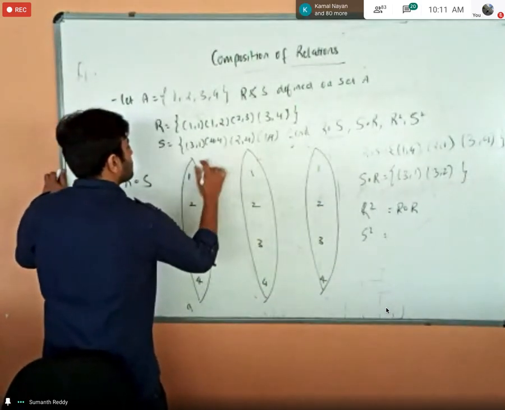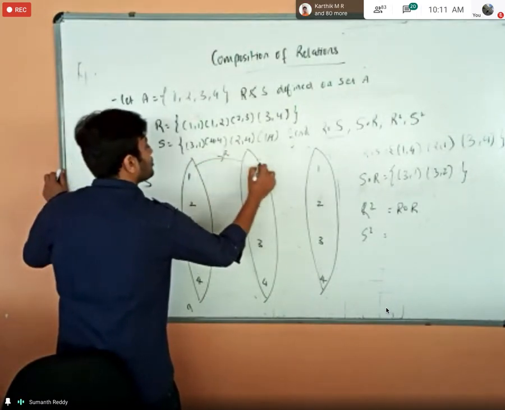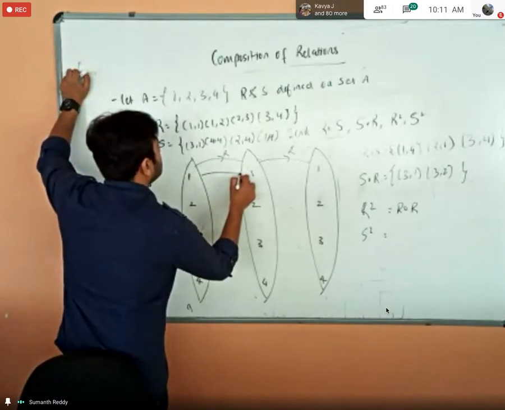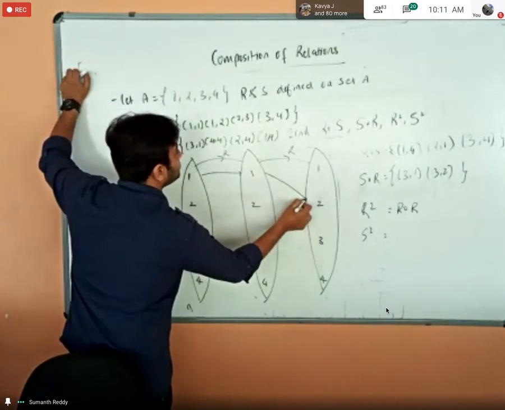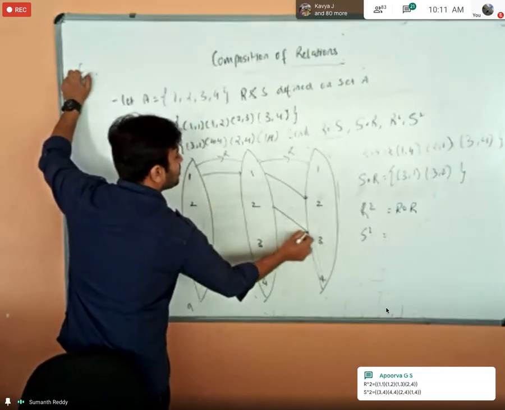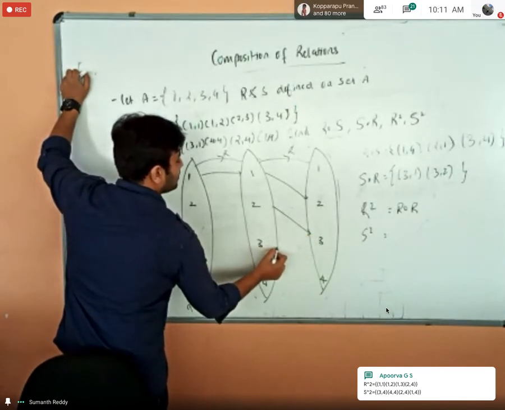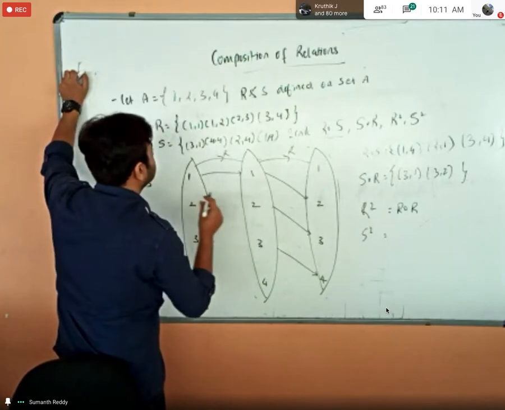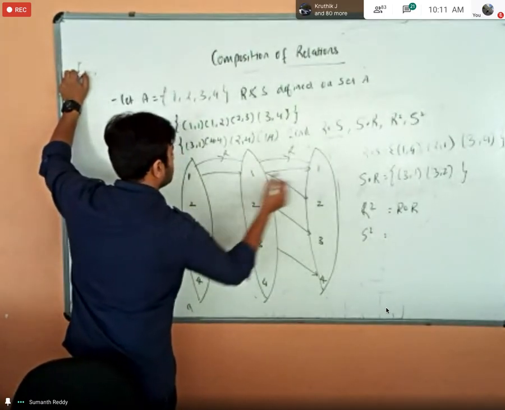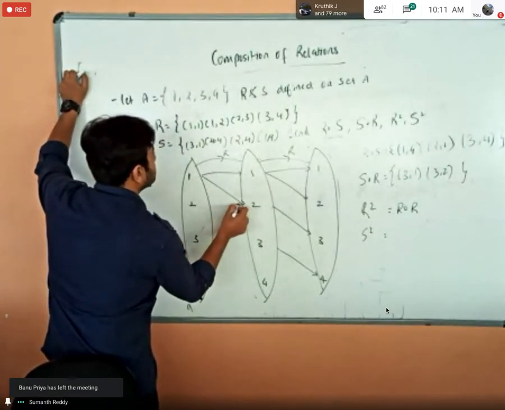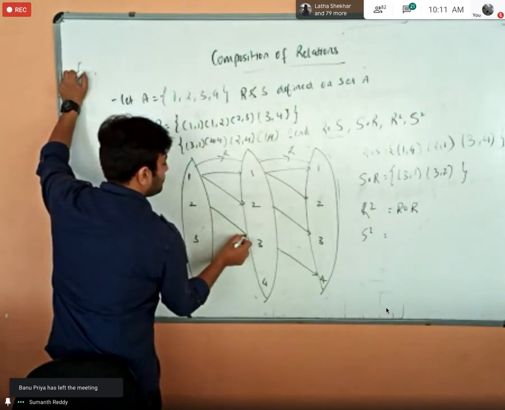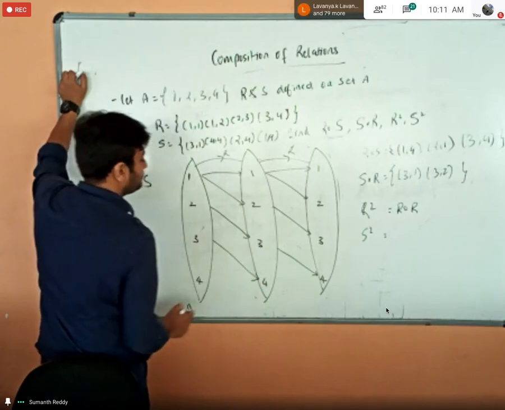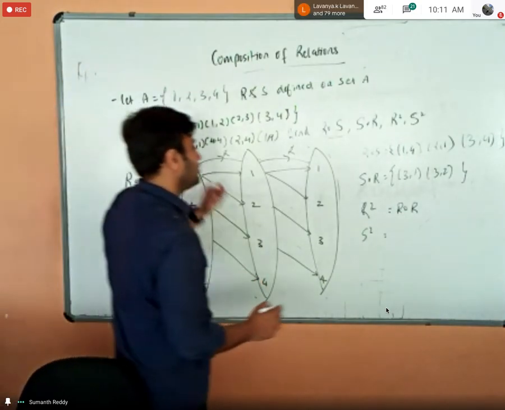So for R square, it is actually R composition of R. So (1, 1), (1, 2), (2, 3), and (3, 4). Okay, (1, 2), (2, 3), and (3, 4).